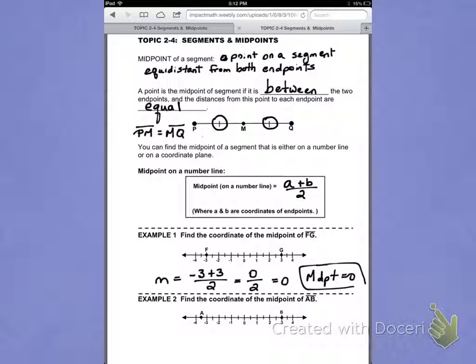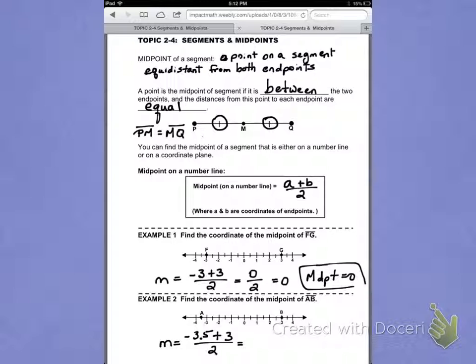Now in example 2, we want the coordinate of the midpoint of line segment AB. Well, A is at -3.5, so we want the midpoint M, which is -3.5. Now be careful because M stands for slope a lot of the time, but this time it's midpoint. Plus 3, B is at 3, and we divide that by 2.